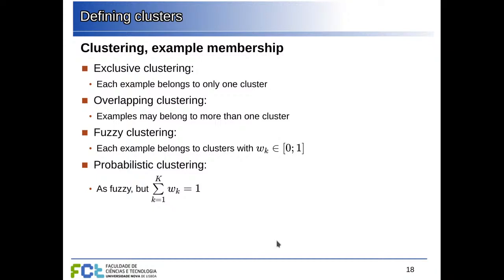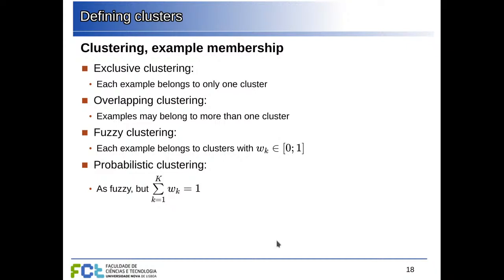Another decision we need to make is how the membership of each example will be constrained. Are we going to demand exclusivity, that is, each example belongs to only one cluster, or are we going to assign examples to more than one group? If we are going to assign them to more than one group, then maybe we want to have some fractional measure of assignment.